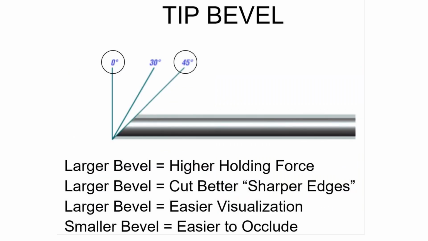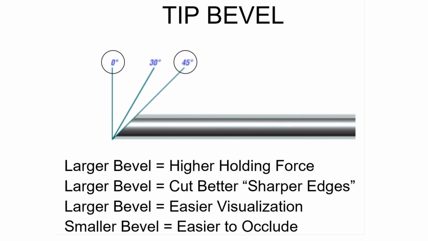Here is a table that will help you to understand how the bevel angle actually determines the occlusion, vacuum or holding force, and the cutting ability. Remember, we talked about phaco power largely comprising stroke length and frequency of the handpiece. While we cannot increase the frequency of the handpiece, we increase or decrease the stroke length, that is how far the tip is traveling inside the eye, according to the grade of the cataract.